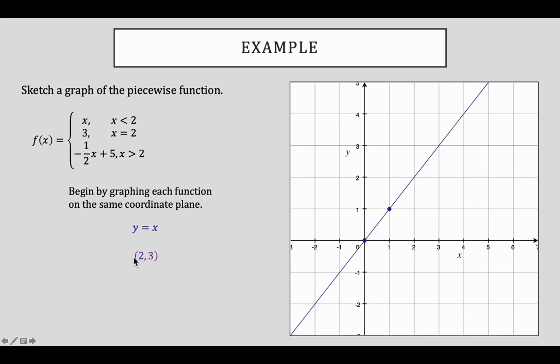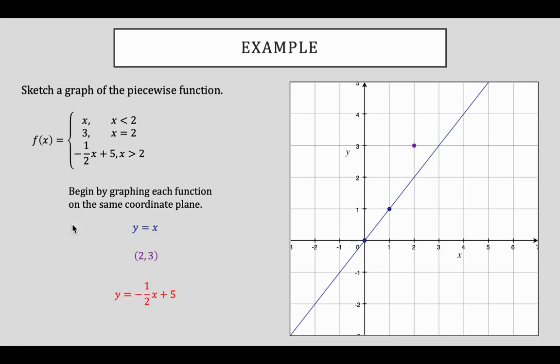That means I have the ordered pair 2, 3 as a solution point on my graph.